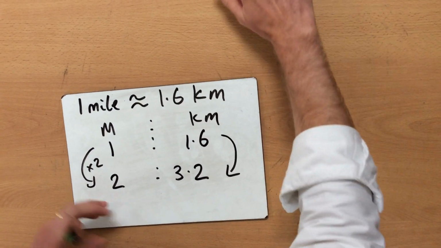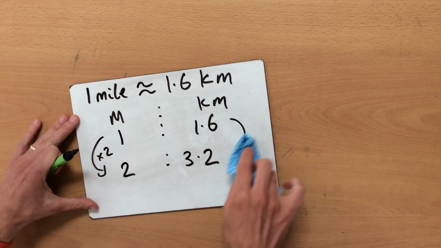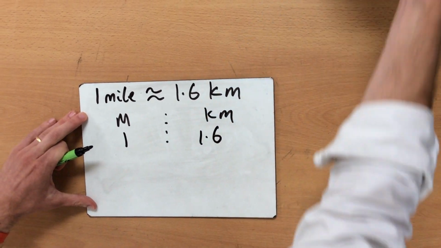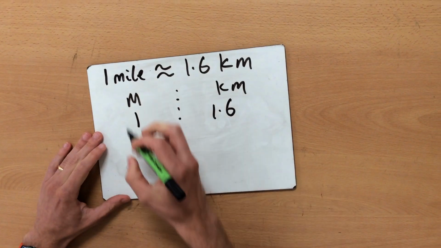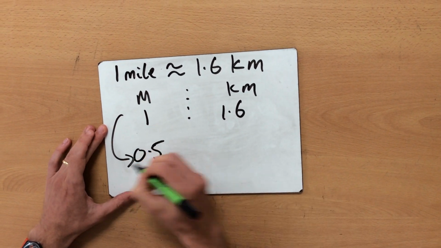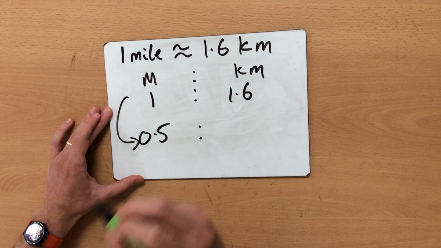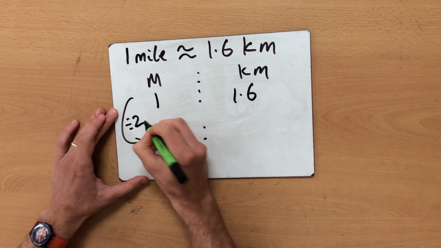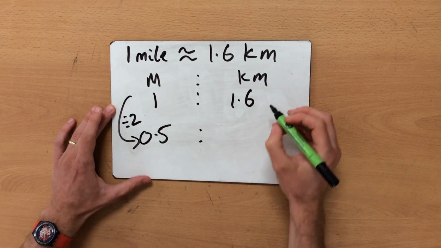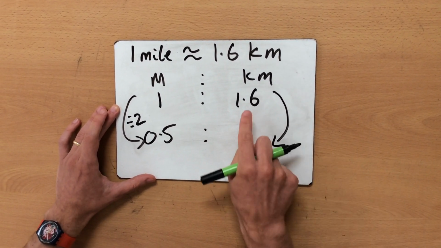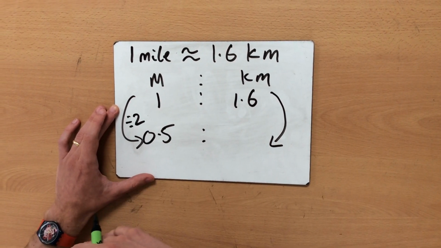So I'll go back to my calculation board, which I've already got my 1 to 1.6 ratio on. And this time I know that my miles is going to be 0.5. Put my ratio symbol in here again. How do we get from 1 to 0.5? I'm dividing by 2. I'm halving what's already there. So I'll do the same to the kilometres. Half of 1.6, again, you can think of this as 16 and add your decimal point in at the end.